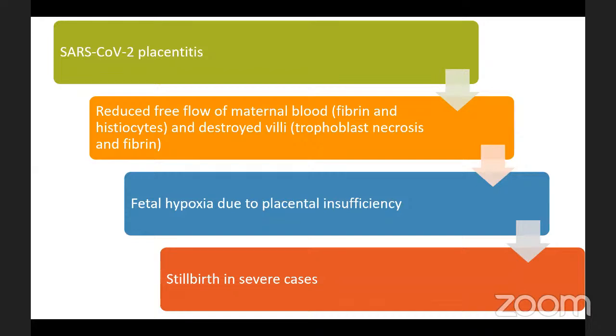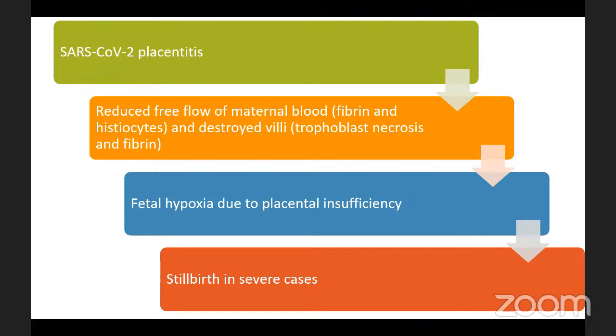Well, of course, now knowing the three major features of SARS-CoV-2 placentitis, we were able to see that there was a clearly reduced free flow of maternal blood due to physical obstruction. So the presence of fibrin and now a ton of histiocytes within the intervillous space was not allowing for mom's blood to flow freely to the placenta. And then, of course, the villi couldn't really do their job anymore because they're encased entirely in fibrin.